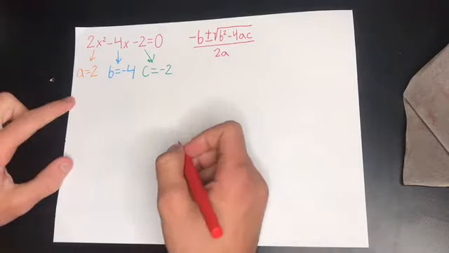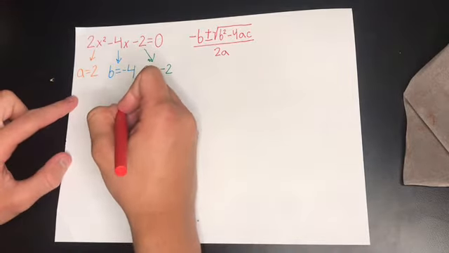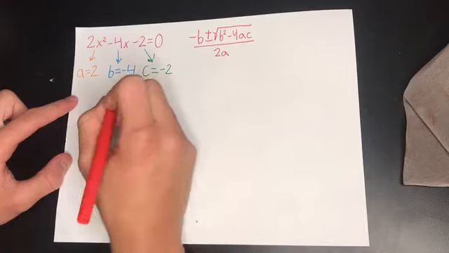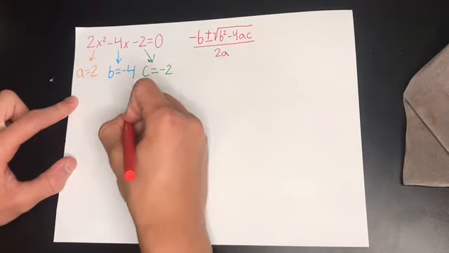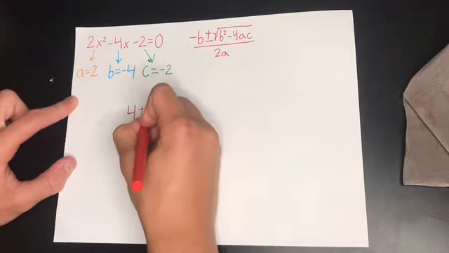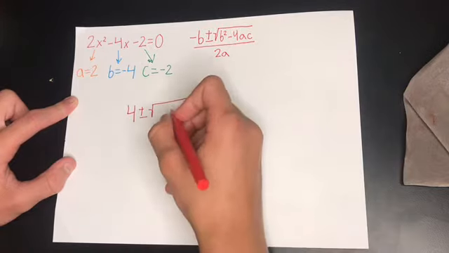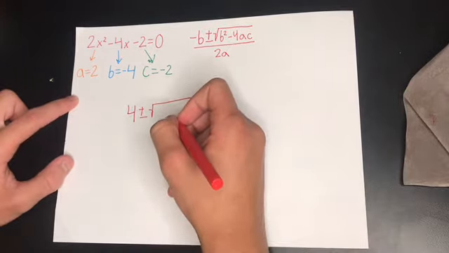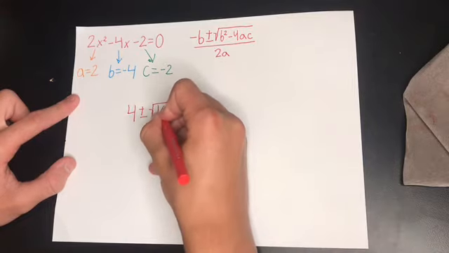For starters, we're going to plug in b, which is -4. Since it's negative b in the quadratic formula and b is -4, we know that it is positive to start. Plus or minus the square root of -4 squared. And since two negatives equal a positive, we know that it is 16.